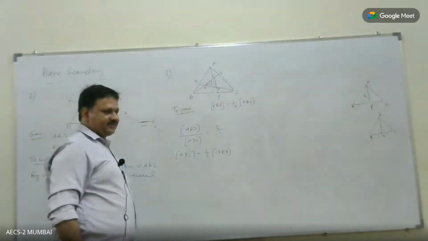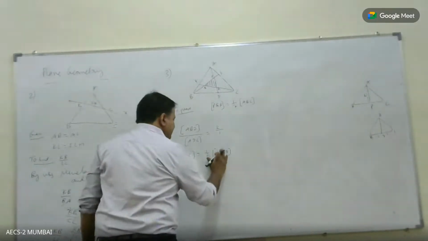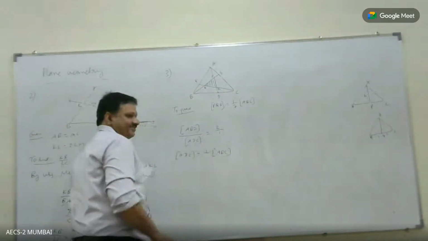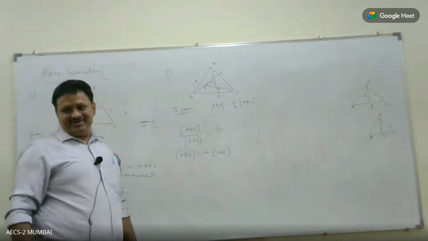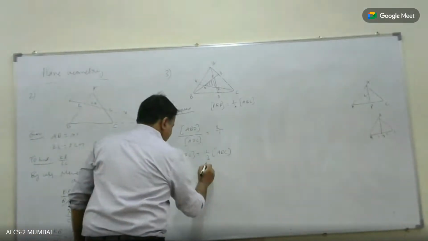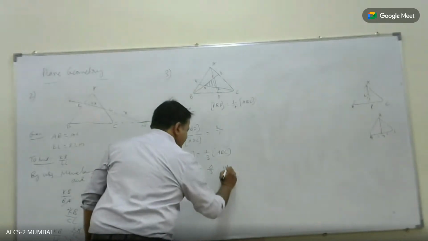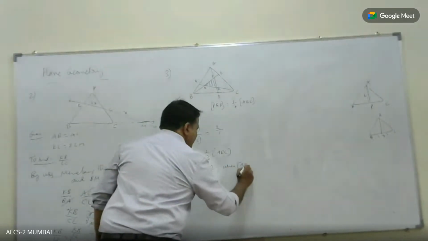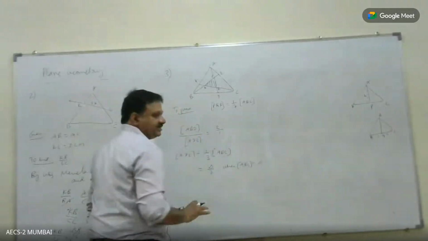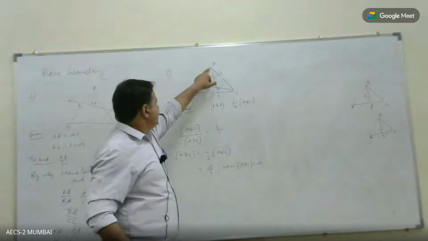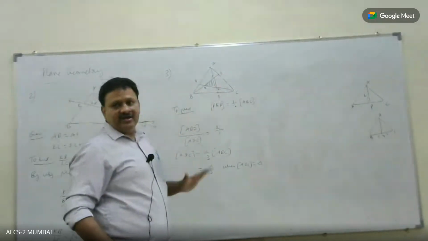Half times. Suppose I want to write this as ABC, then how many times? Very good. 1 by 3. So let me call it delta by 3, where area of ABC I will take as delta, just for simplicity. So area of ADC is delta by 3.